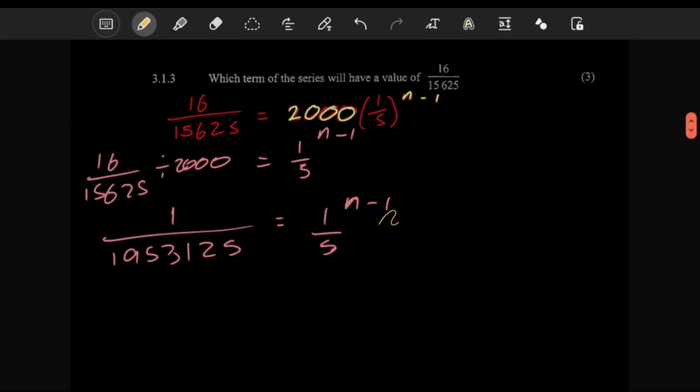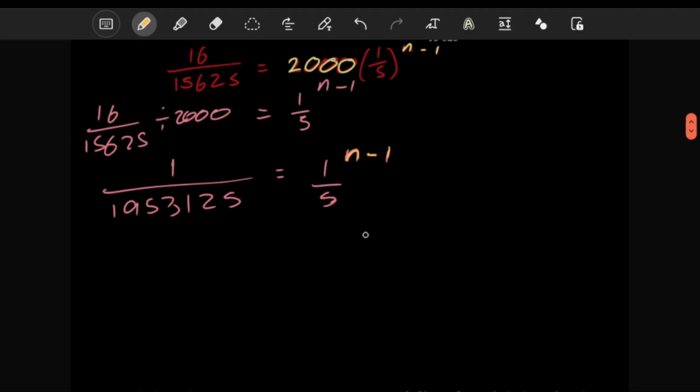Anyways, so what we need to do here, we need to use logs because we want to isolate the exponent. Whenever you use logs, it's a scenario where you're trying to isolate your exponent. So you put it on its own. On the other side, you're going to have log there. The base of your exponent is going to be the base of the log.